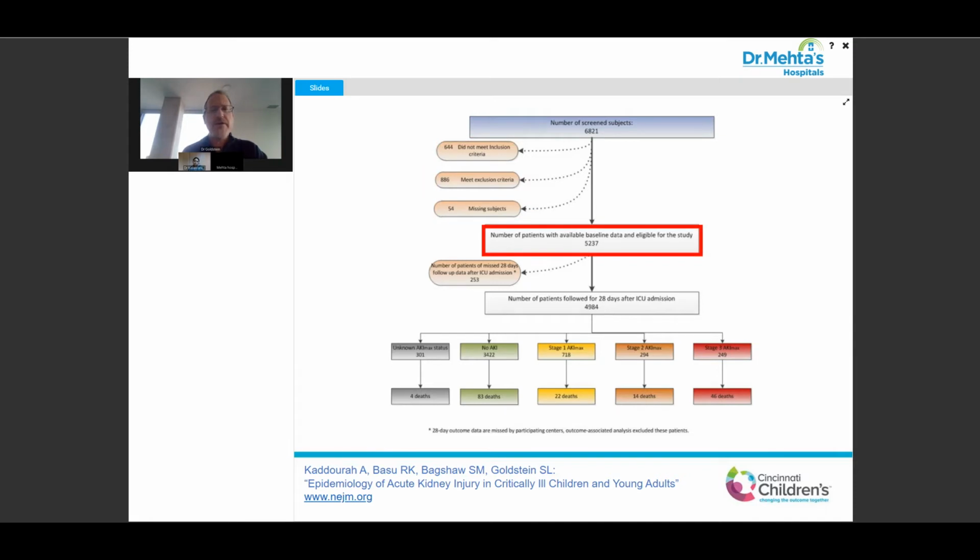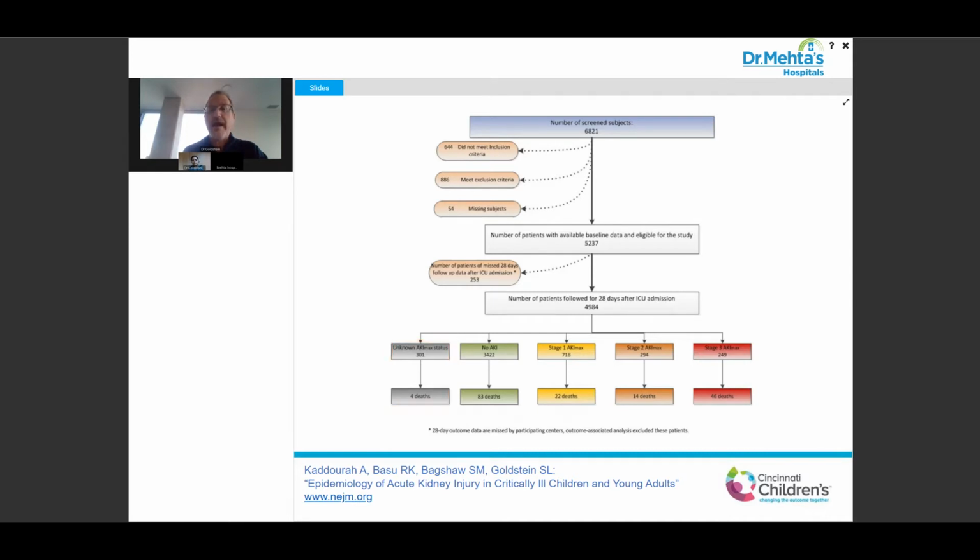And of those, about 5% did not have adequate data for 28-day follow-up. So in the end, we were able to evaluate nearly 5,000 patients, being the largest prospective study of acute kidney injury in children reported. But there was an unknown AKI status in about 300 patients.